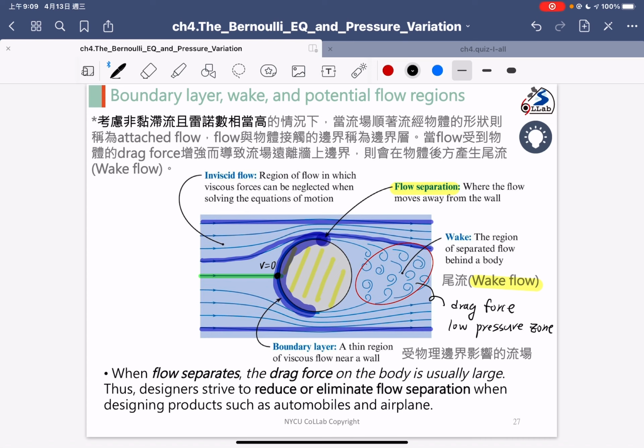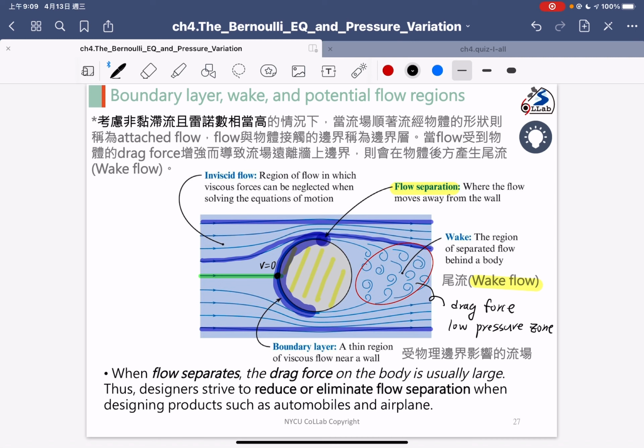So that indicates if you see some region with wake flow, under the wake flow environment there is a lower pressure region, and in that region we will have a large drag force.